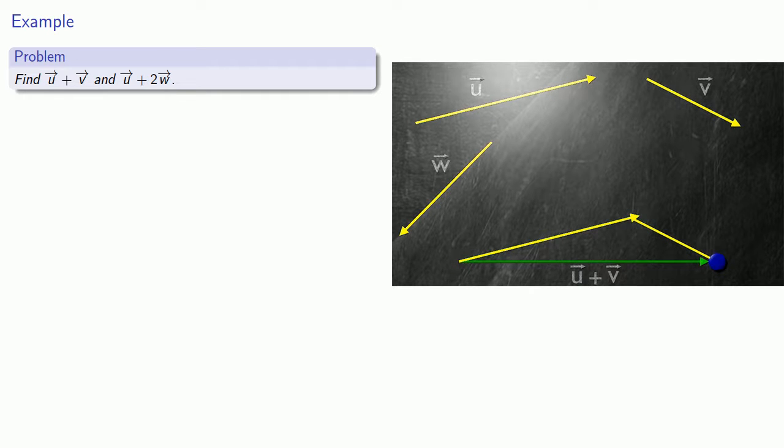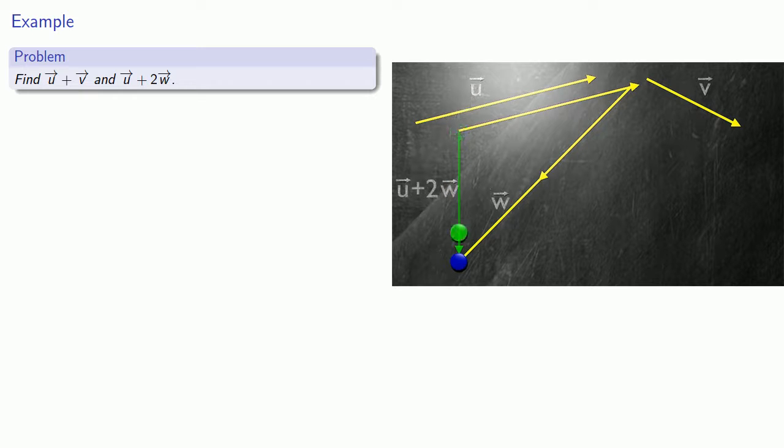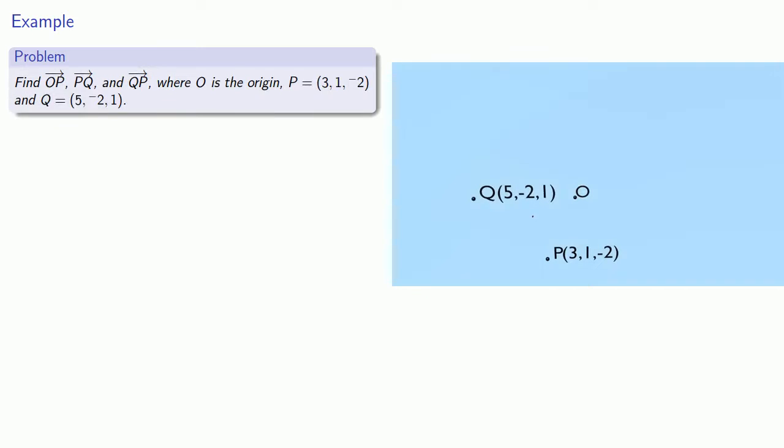How about the vector u plus 2w? So again, we'll start somewhere, then follow u, and then I want to follow the directions that w gives me twice, so I can go 2w. And again, rather than following u plus w, we might see the shortcut path, and that shortcut path is what we'll call u plus 2w. So let's find a few vectors.